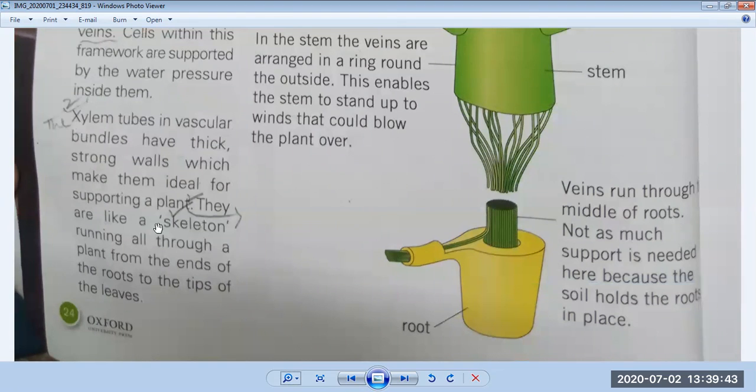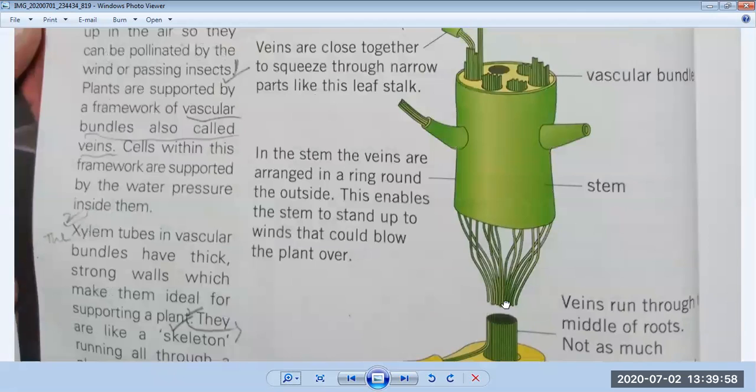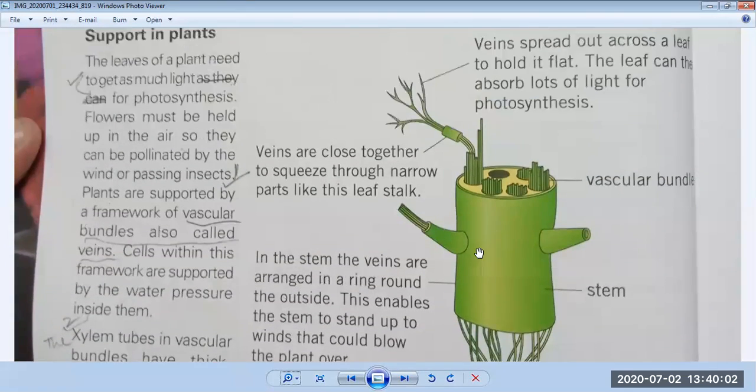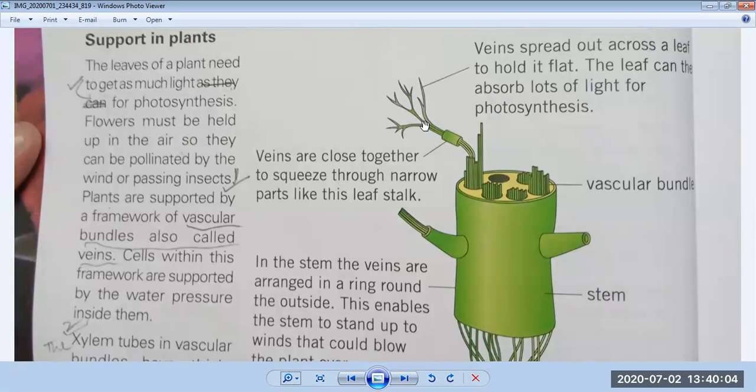They are like a skeleton running all through a plant from the ends of the roots to the tips of the leaves. Actually, the working of xylem starts from the tips of the roots and the ends of the leaves. So this is the whole process of transporting food and water inside the plant.